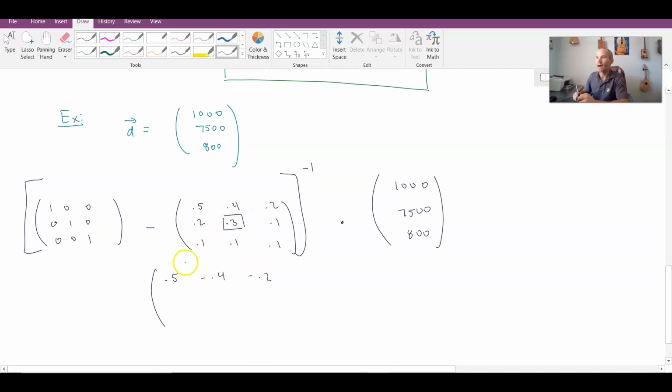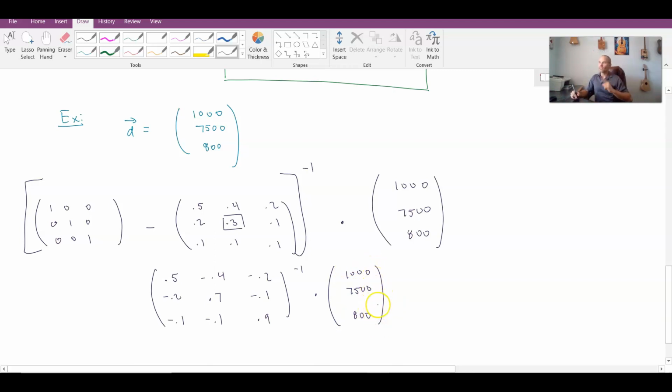Then we'll also have negative 0.2 here. We'll have 0 minus 0.2, 1 minus 0.3 is 0.7, and 0 minus 0.1 is negative 0.1. And then the last row we'll just have negative 0.1, negative 0.1, and positive 0.9. And we want the inverse of that multiplied by 1,000, 7,500, and 800 as our final demands that we're requesting.